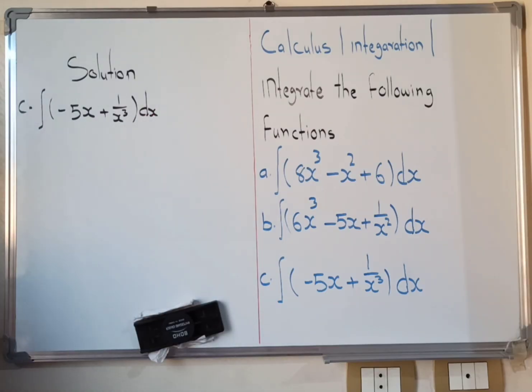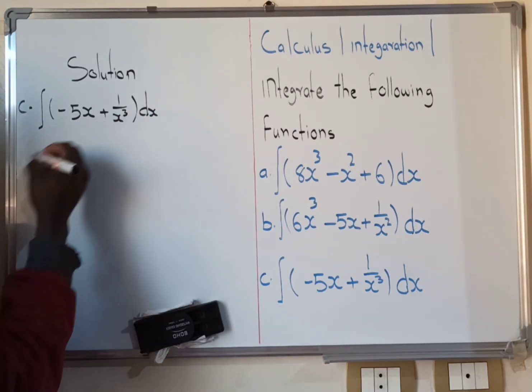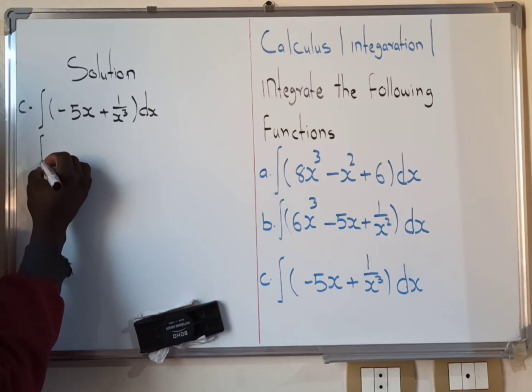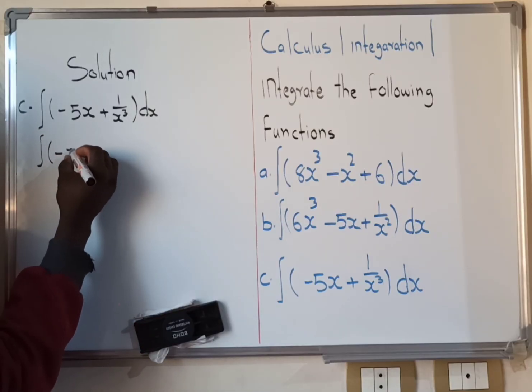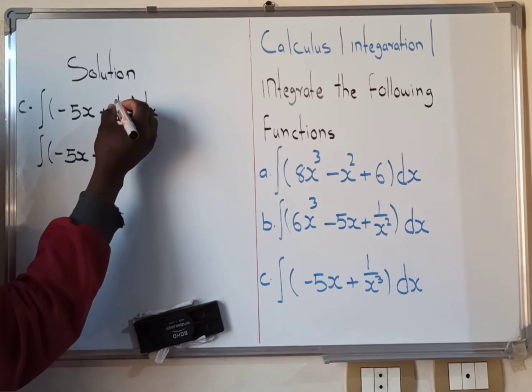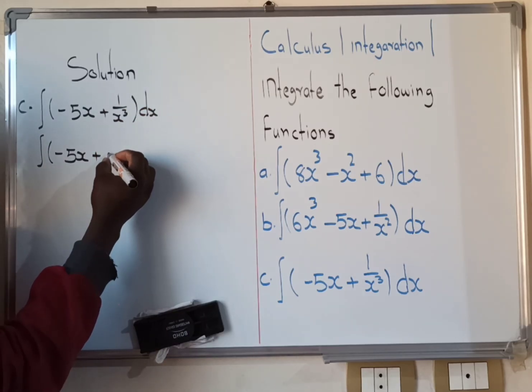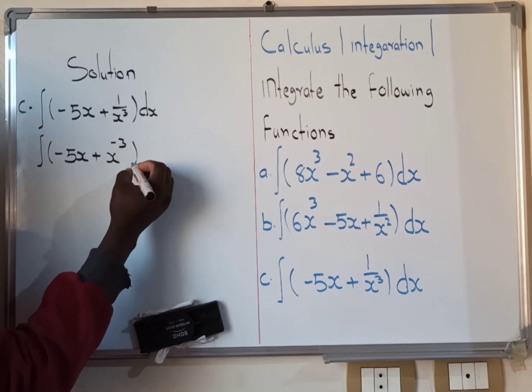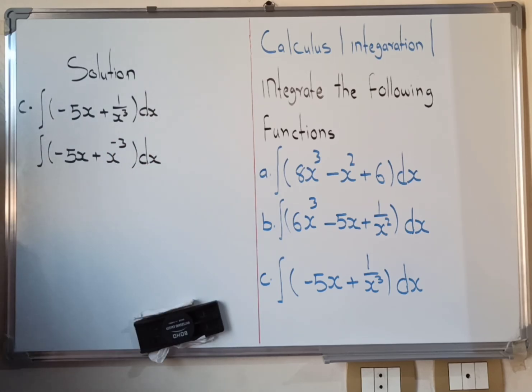So this is what we have, example number C. So right here also we need to rearrange the question. So we have the integral in bracket negative 5x plus, here we have 1 over x cubed is going to give us x to the minus 3, bracket dx. So this is the rearrangement of question number C.